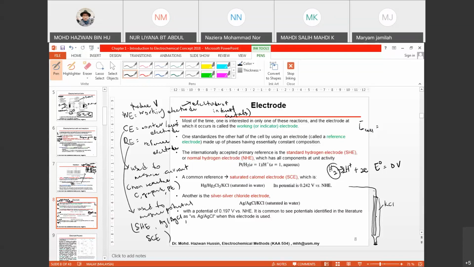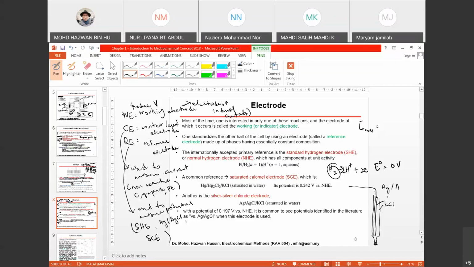Then this is already a reference electrode. Very cheap. If you buy it outside, maybe it can cost you around 500 ringgit or something like that. But if you produce it like this, the cost is very, very cheap. All right. So this is the anatomy of silver chloride.